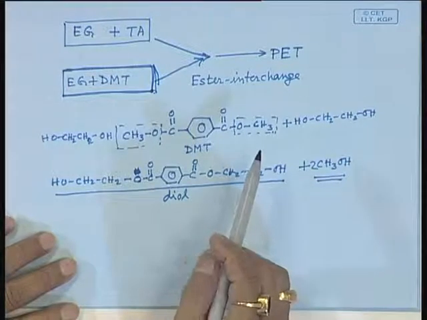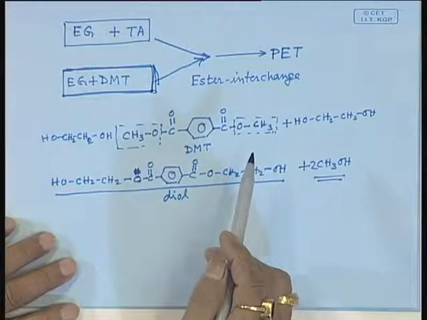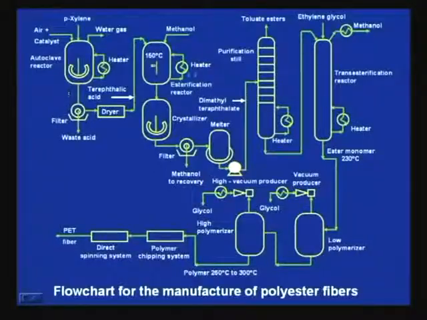But in some industrial installations, if you go, you will find a huge number of units combined, connected to each other, one after the other. Now, this flow diagram is a simplified flow diagram. A real industrial installation for PET manufacture may be more complicated than this.